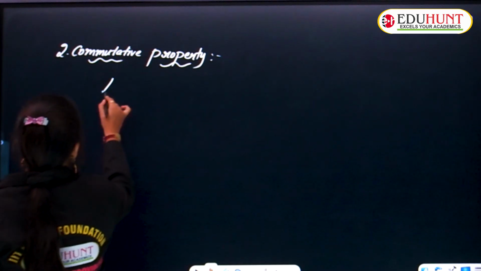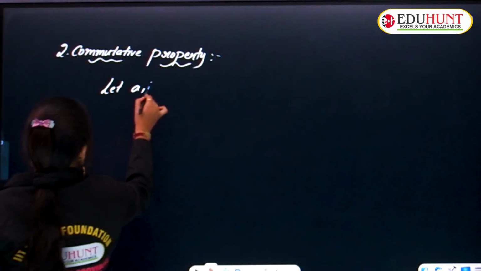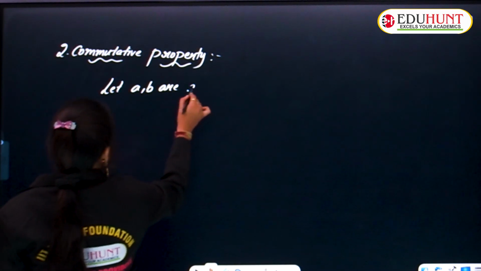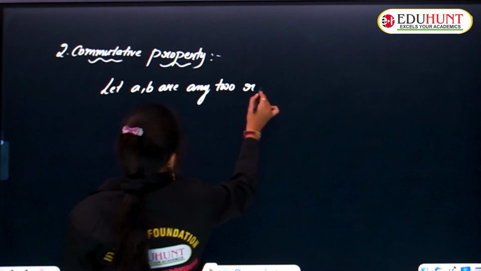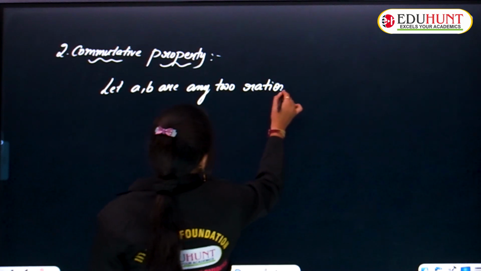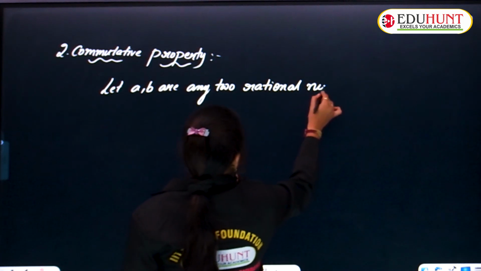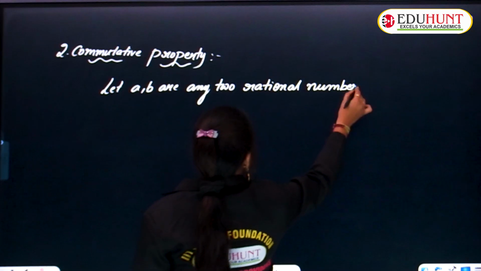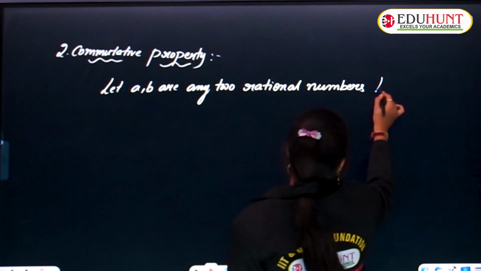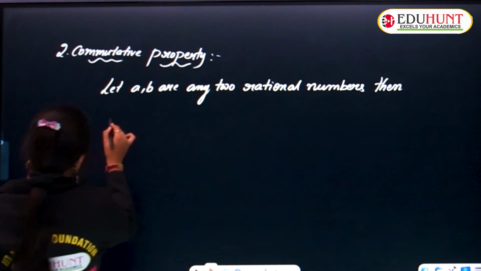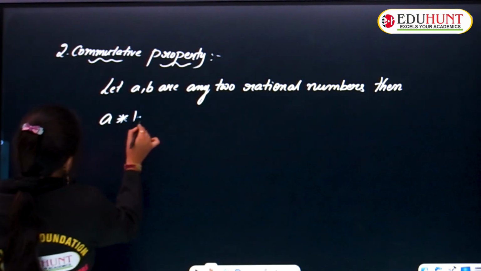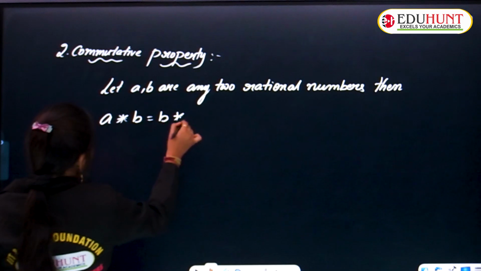The condition is: let a, b be any two rational numbers. Then a star b is equal to b star a.